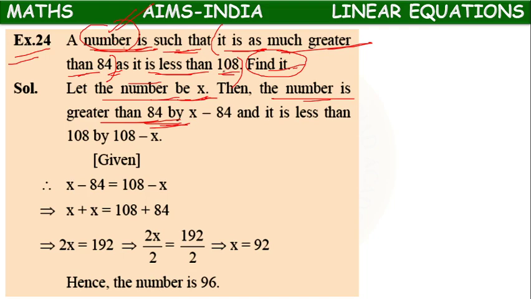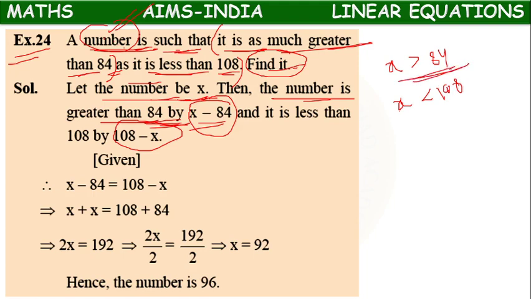How many times it is greater than 84, that many times it is less than 108. Here we have x which is greater than 84 and the same x which is less than 108, but the condition is how much greater. X is how much greater than 84 means we have to do the subtraction. Then we will get the answer.